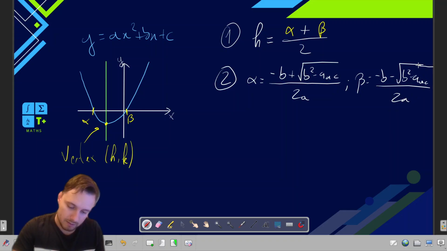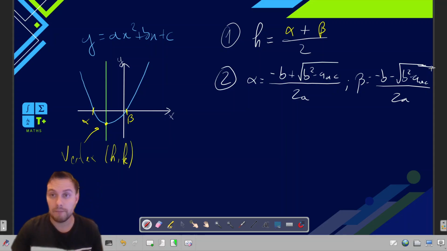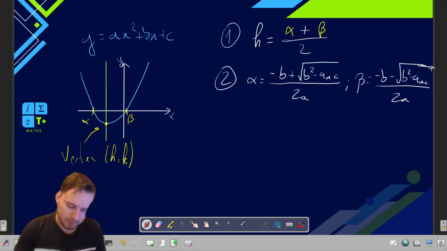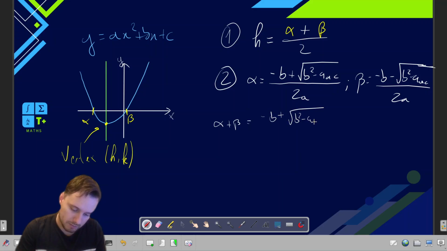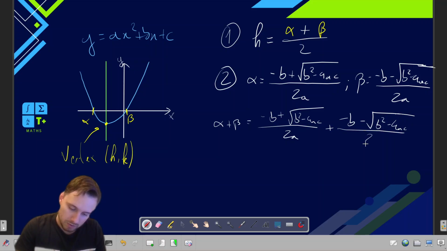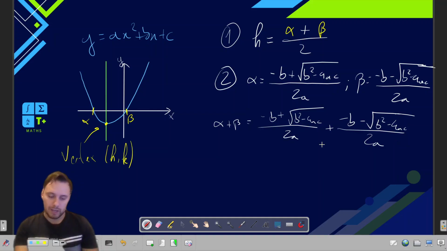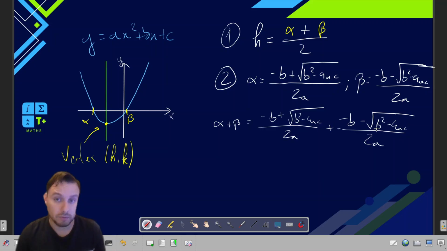This is, as I was telling you, the general formula. And the expression alpha plus beta is the same as negative b plus the square root of b squared minus 4ac over 2a, plus negative b minus the square root of b squared minus 4ac, everything over 2a. We can add these two expressions because they have the same denominator.